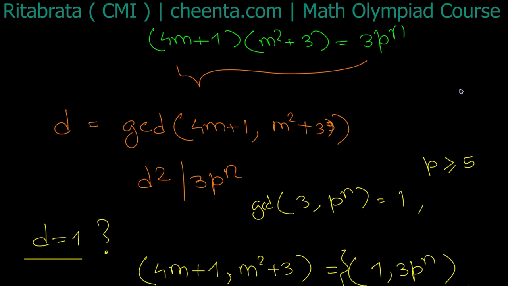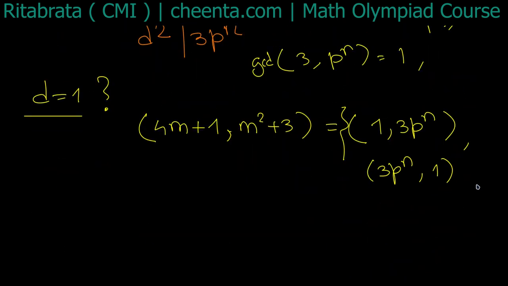So we'll make cases. All powers of p are present in p power n. In that case, 3 is either in 4m plus 1 or m square plus 3. If it is in 4m plus 1, we get (3, p power n), and else we have (p power n, 3), and similarly (3p power n, 1) is an option. These are all possible cases.